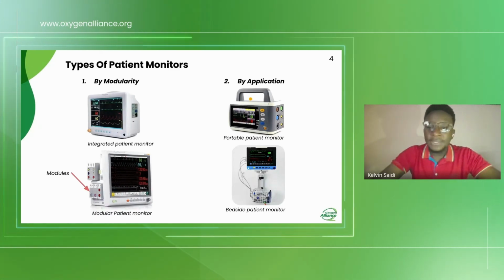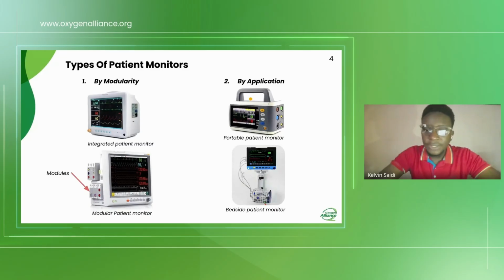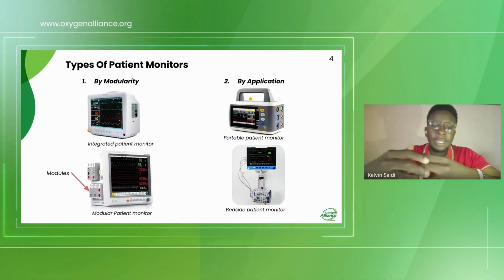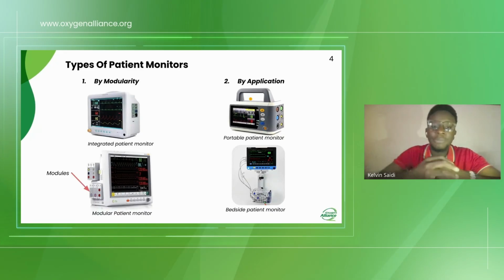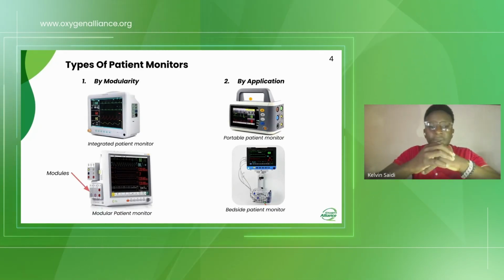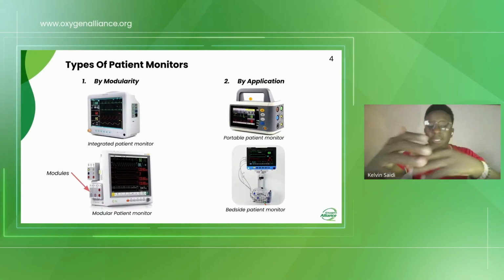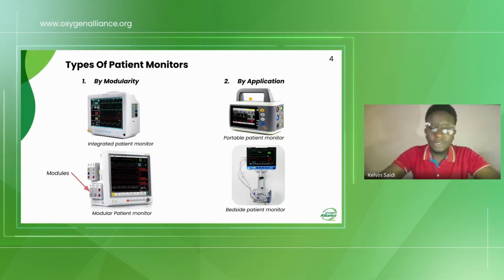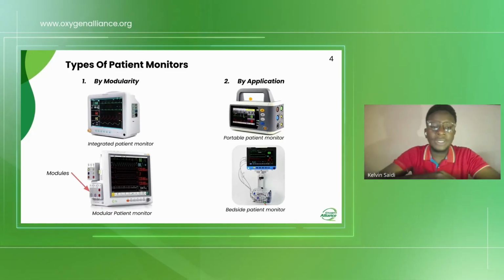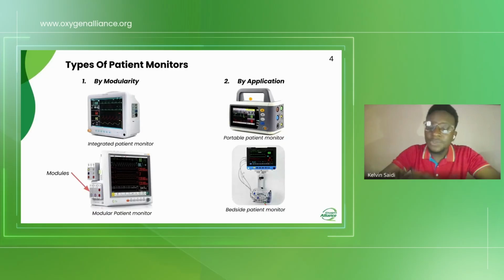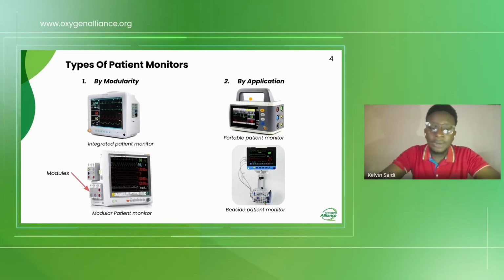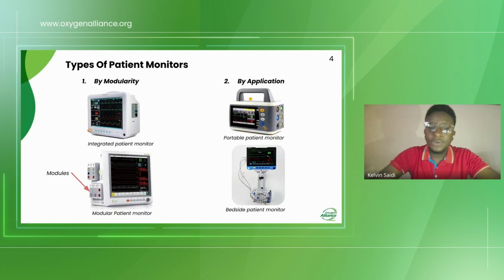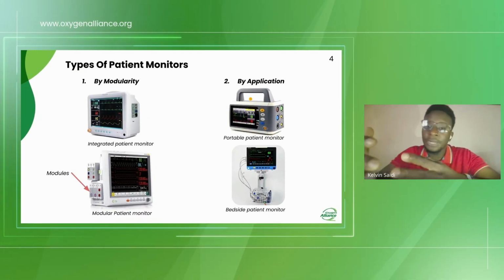Whereas transport patient monitors are designed in a rugged way, and they are mostly battery-powered units that stay with the patient in transit, when maybe the patient is moving between departments or the patient is in an ambulance. This ensures that there's no gap in the data collection. It is important to note that these categories can overlap.